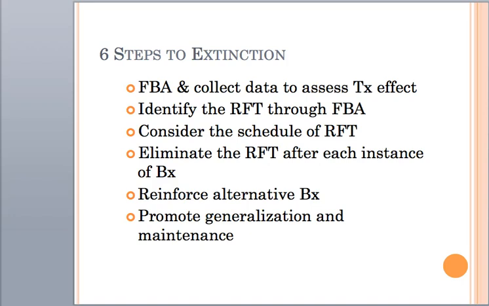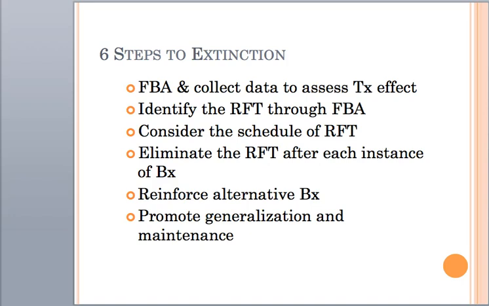Once we know what the reinforcer is and what the schedule is, and we have a good idea about how long it's going to take to extinguish the behavior, we can then begin treatment and begin to eliminate the reinforcer after every instance of the behavior. As we move forward through this process, we know to expect extinction bursts, but ultimately the behavior should start to decrease in frequency.